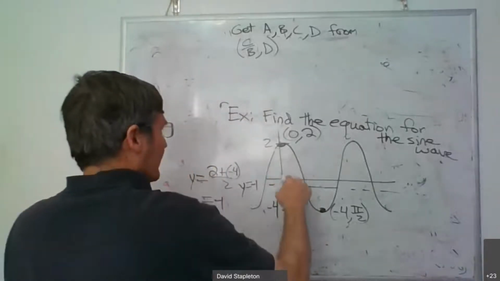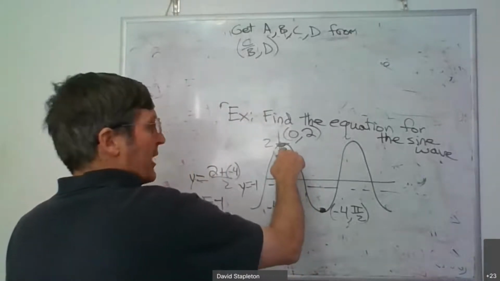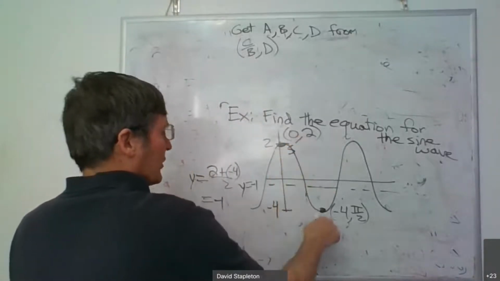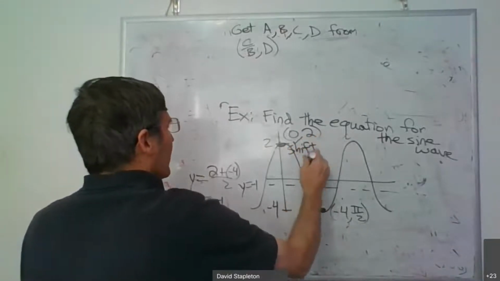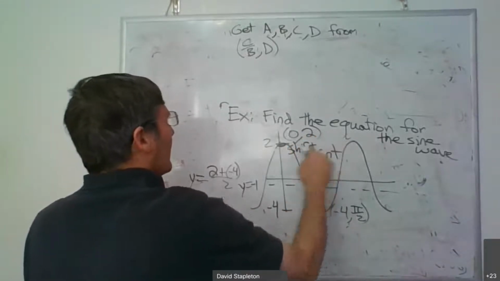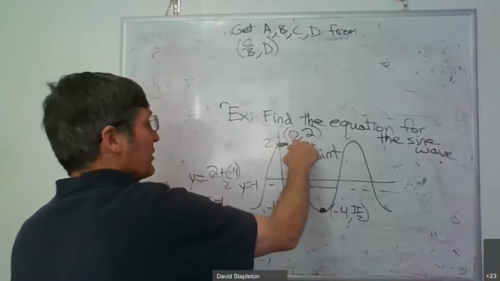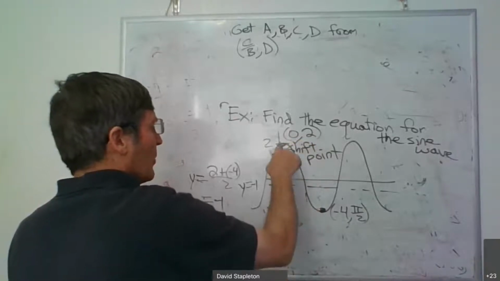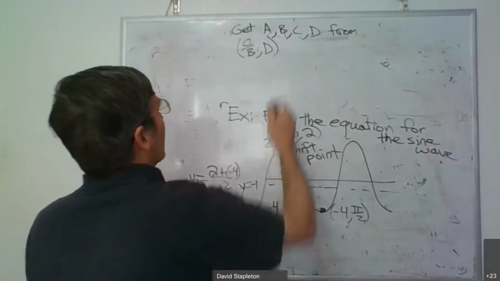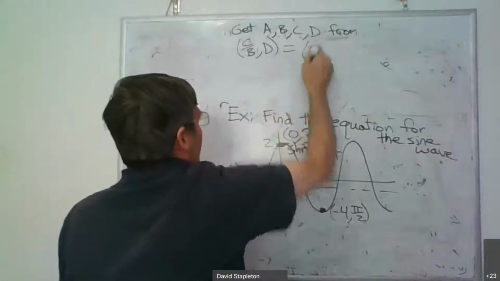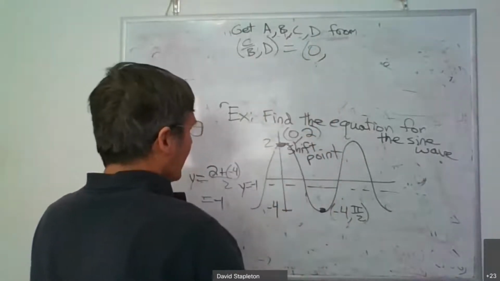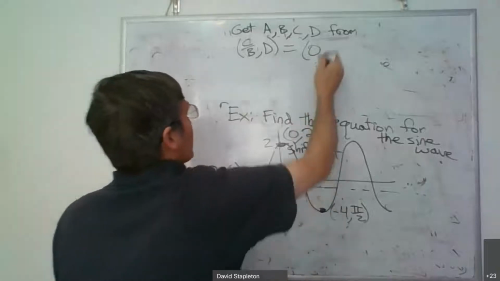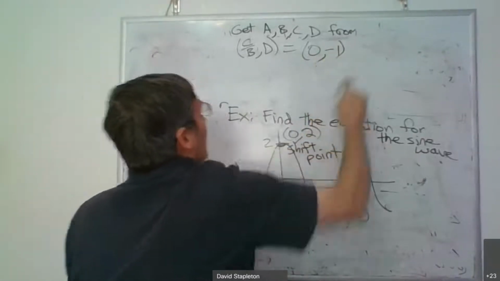But we notice with the horizontal shift, if we take this as our shift point, well, you can choose this one if you prefer, it doesn't matter. I'm going to take this as my shift point. Because in that case, the shift is 0, right? The horizontal shift is at x equals 0. So we'll say from the graph, choosing this as the shift point, C over B is 0, and D is how much the midline was shifted, is -1. Right?